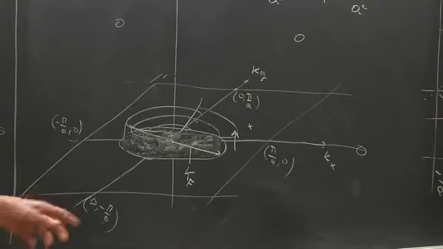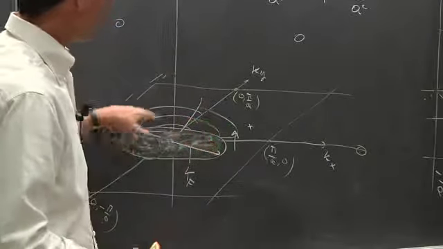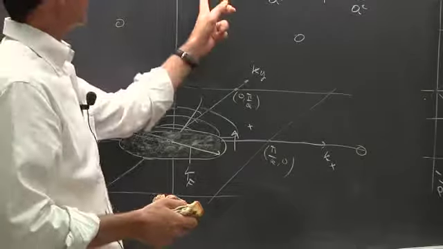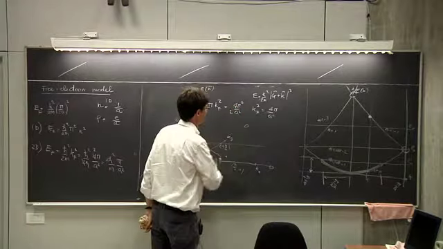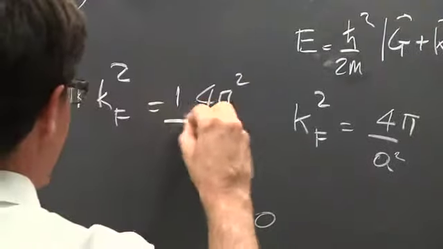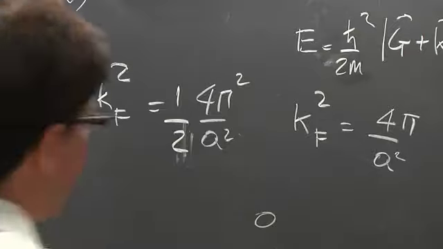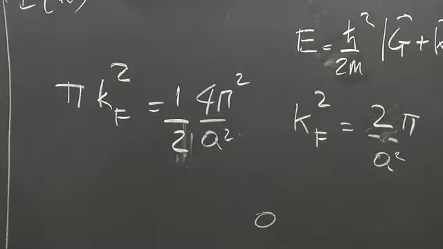And we'll have to stop when the area of this circle here occupies exactly 1/2 of the total Brillouin zone. Oh, sorry. There's a factor of 2 here. It's just me, 1/2. Here I fill the whole Brillouin zone, sorry. There's a factor of 1/2 here. 2 pi over a squared. Yes, sorry about that.